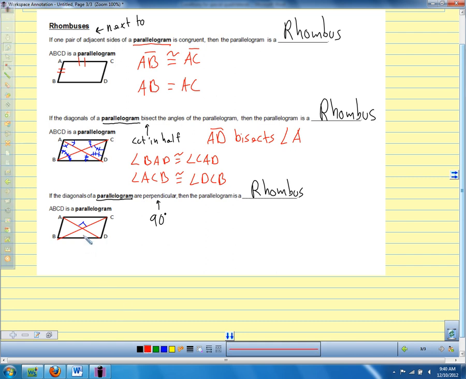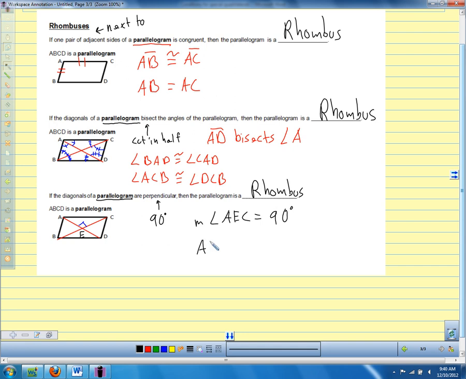If I call this point E here in the middle, again, if I said the measure of angle AEC is 90 degrees, that would be a way of saying that the diagonals are perpendicular.